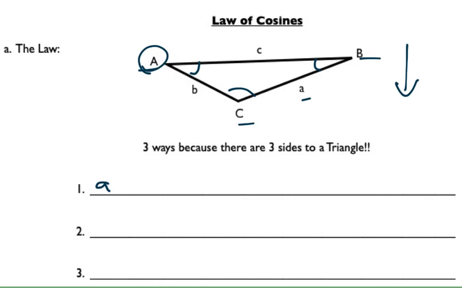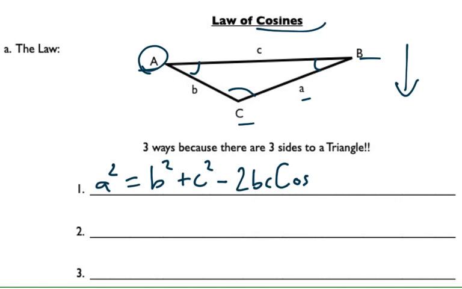So A squared, the side squared, is equal to B squared plus C squared, the other two side lengths, minus 2 times B times C, again the other two side lengths, and then that is multiplied by the cosine, because it's the law of cosines, so times the cosine of angle A, whatever angle A is.